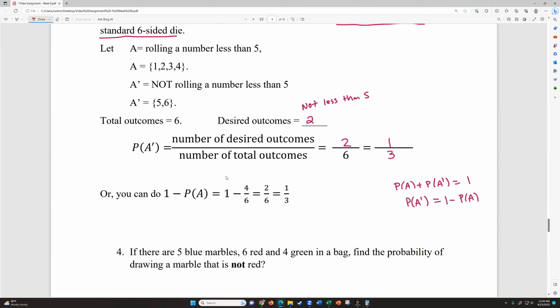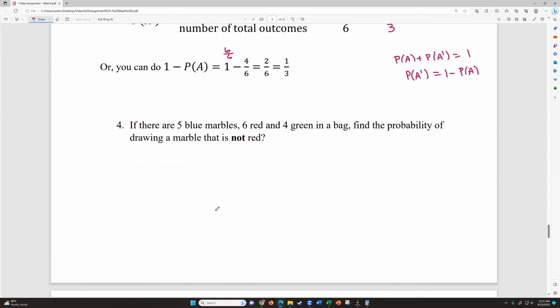So 1 minus the probability of a number less than 5 would have been 1 minus 4 out of 6, right? Because there's 4 numbers that are less than 5. This is 6 over 6 if you make it a common denominator. So that would be 6 minus 4 is 2 out of 6, which equals 1/3, okay? So notice, there's a 2 out of 3 chance of getting a number less than 5. There's a 1/3 chance of getting not a number less than 5, okay? Because it's the opposite of what we have.